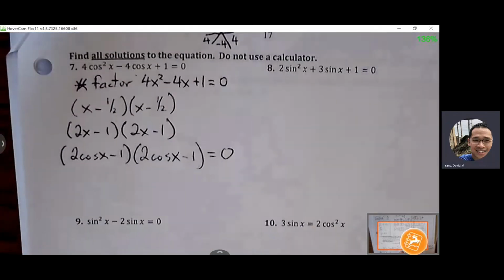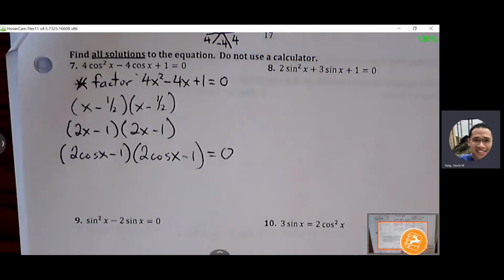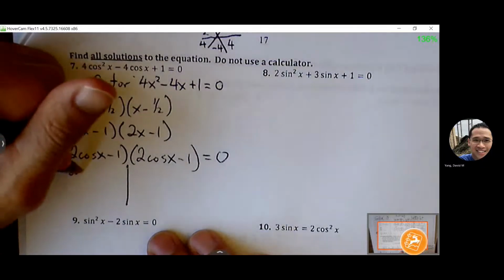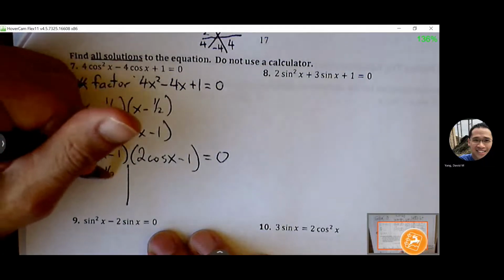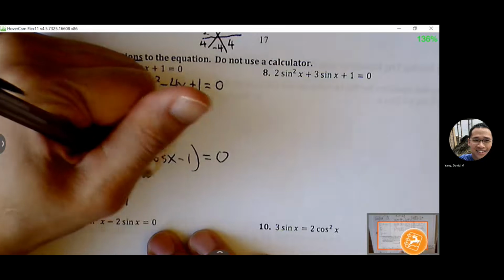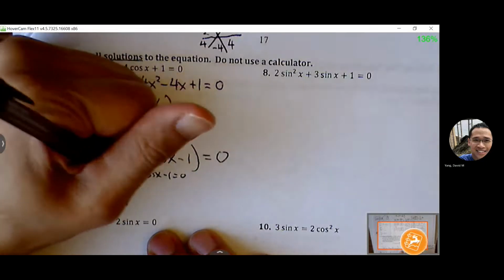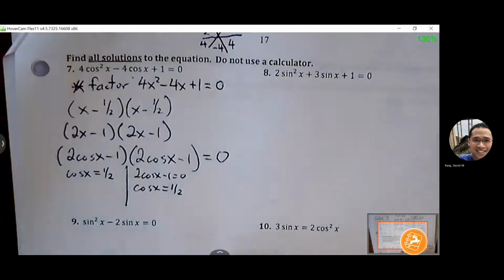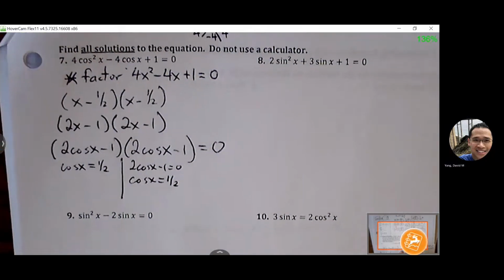Both parentheses are the same, so we can just solve for one parentheses, and we know we'll get duplicate answers on the other side. Okay, so where is cosine going to be 1/2?